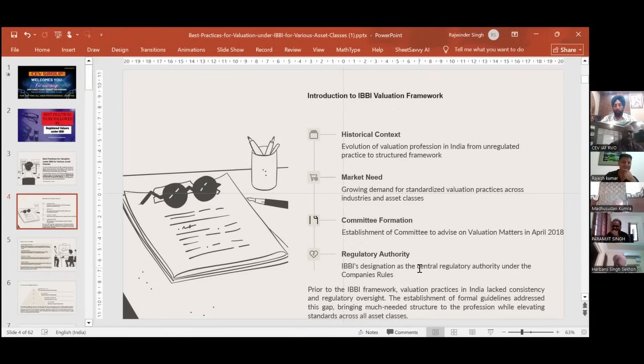Prior to the IBBI framework, valuation practices in India lacked consistency and regulatory oversight. With the establishment of formal guidelines, this gap was addressed, and it brought much needed structure to the profession while elevating standards across all asset classes.